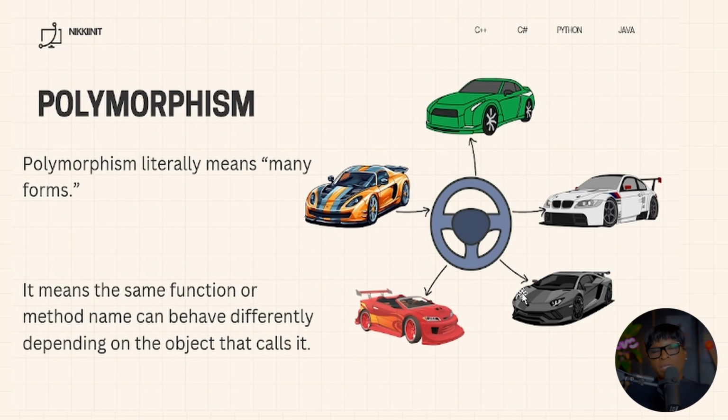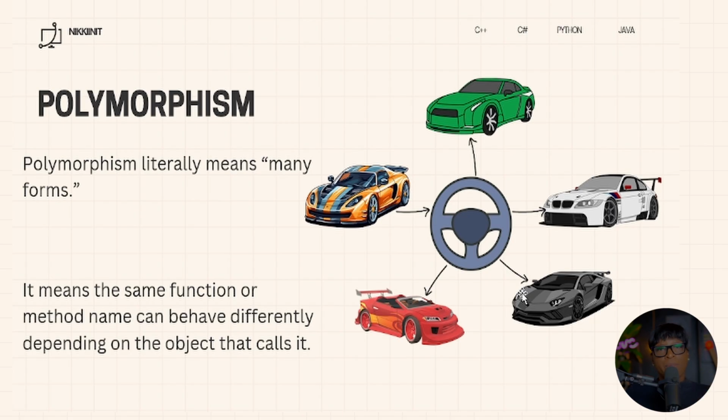So that's how polymorphism works in C++. It literally means many forms, right? So if I call the accelerate function, based on the object that calls it, let's say the BMW calls the accelerate function, it will take off differently. If the Ferrari calls the accelerate function, it will behave differently.